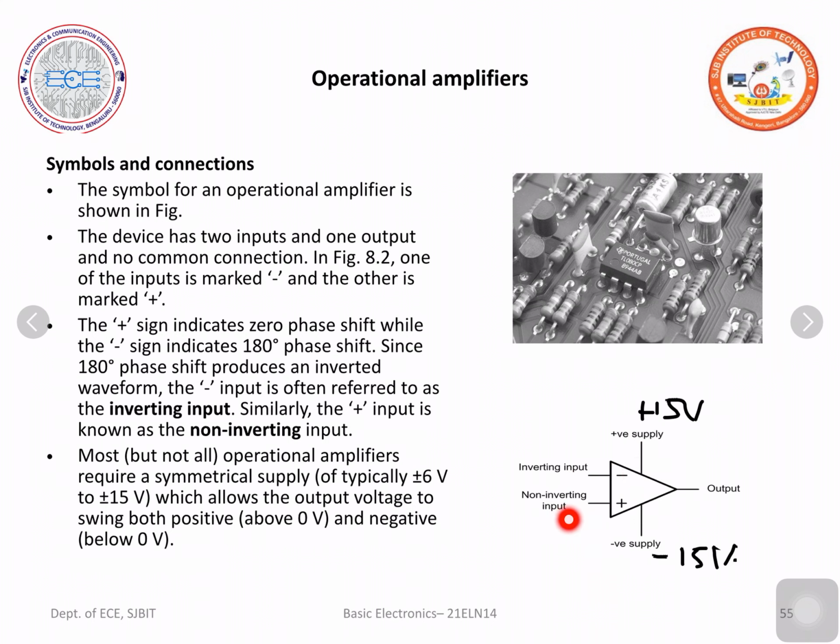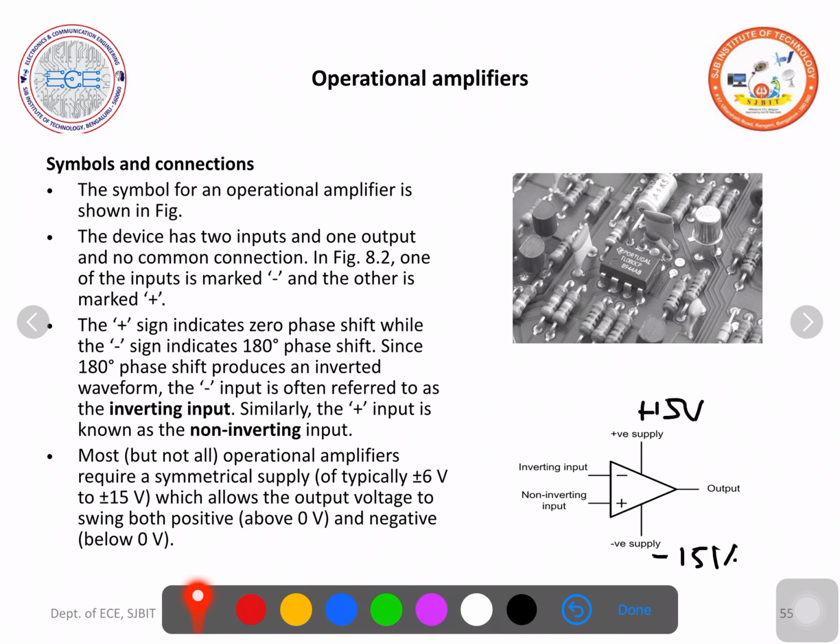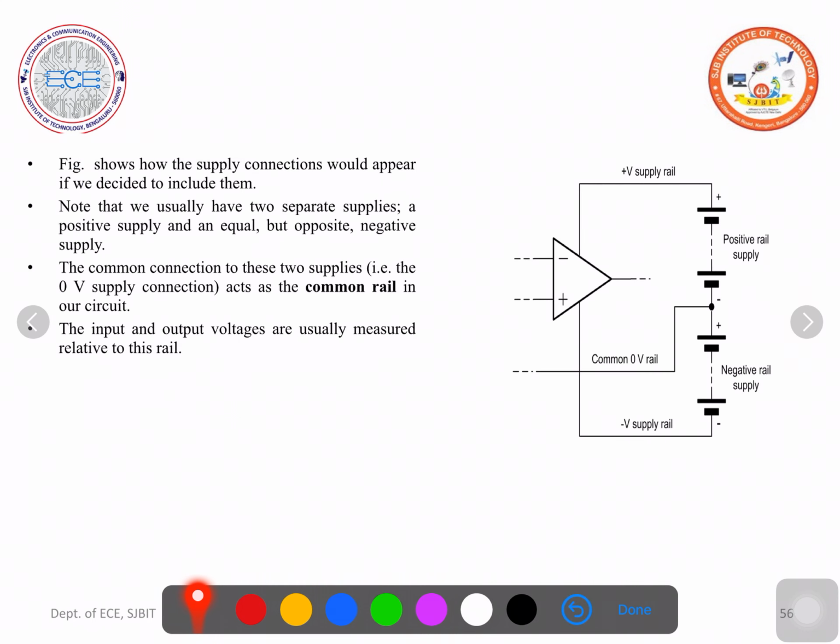It requires a symmetrical supply of plus or minus 15 volts. I repeat, the operational amplifier symbol is this. It has two input terminals, one inverting and the other non-inverting, and one output terminal. Usually it will have a symmetrical supply, equal and opposite, plus 15, here minus 15 volts.